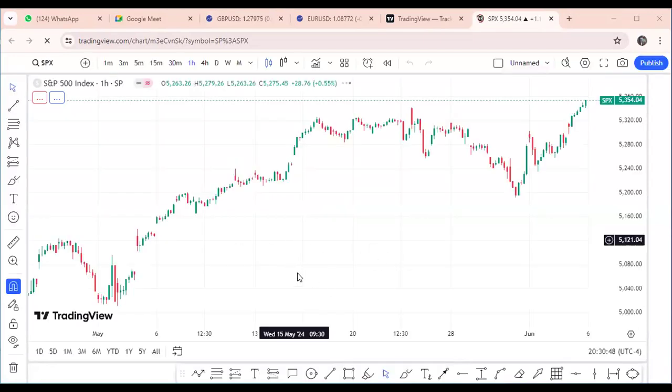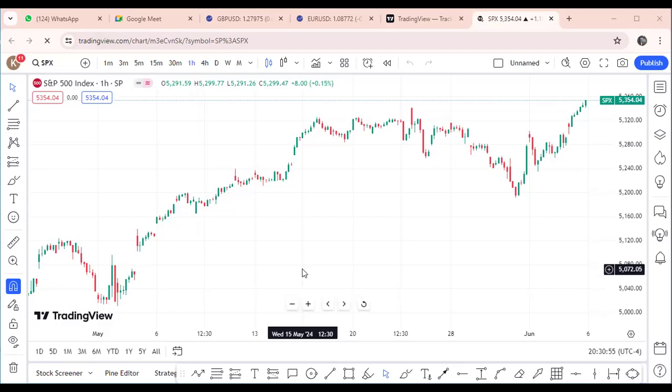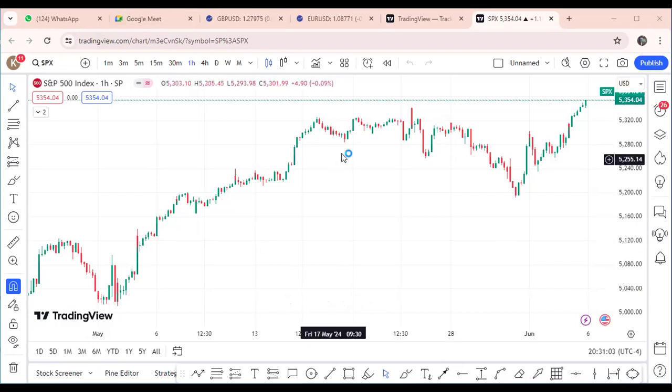Let's see how far it's going to drop. Now we are here. This is now TradingView.